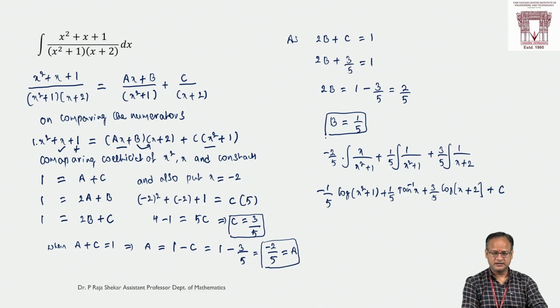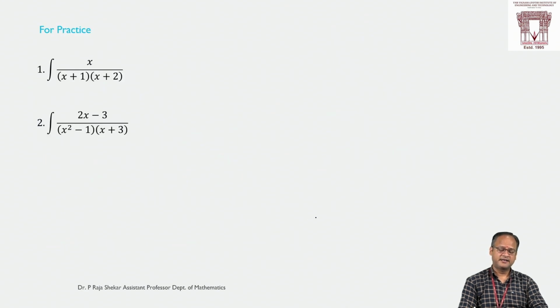Substituting all these three here and integrating separately, we get the required result. So this is how we can evaluate the integrals by splitting into terms by the partial fractions method. So this is the second method to get the integration.